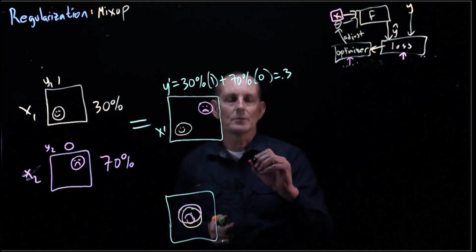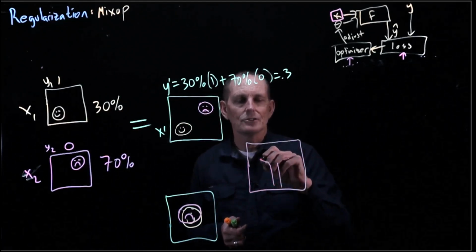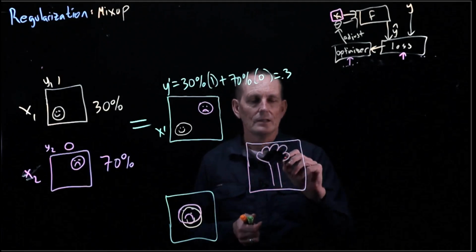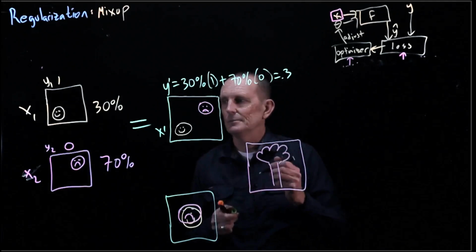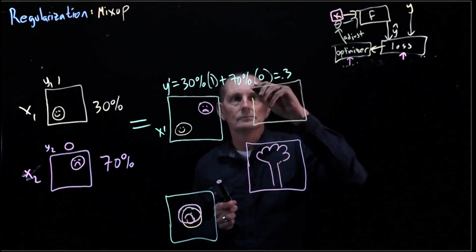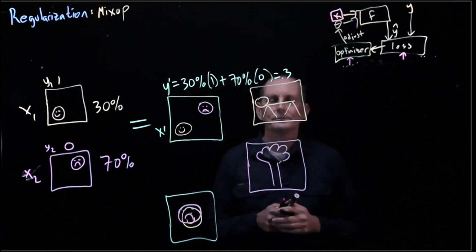So let me use another example. So here we've got, let's say, a tree, and a separate training instance is a dog, whatever that thing is.